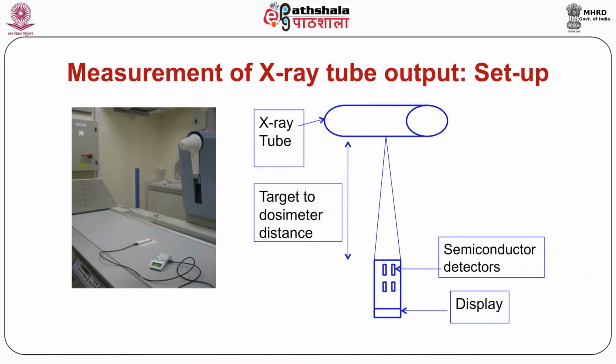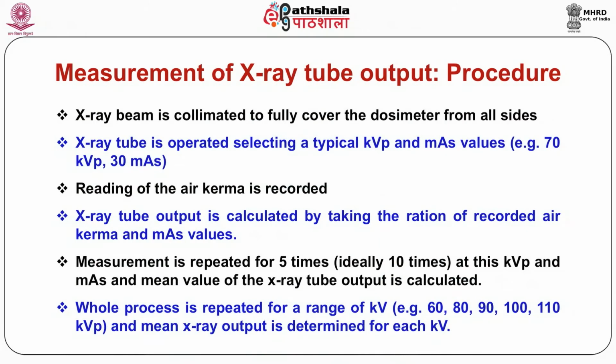So, the figure shows typical setup in which a calibrated solid state dosimeter has been placed at the table top along central axis of the beam at 1 meter distance from the focal spot, say large focal spot. The X-ray beam is collimated to fully cover the dosimeter from all sides.